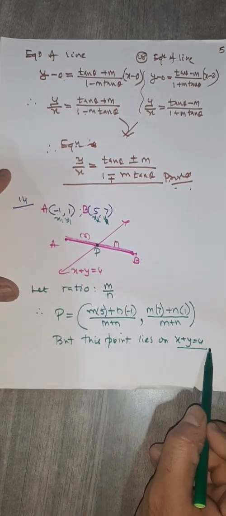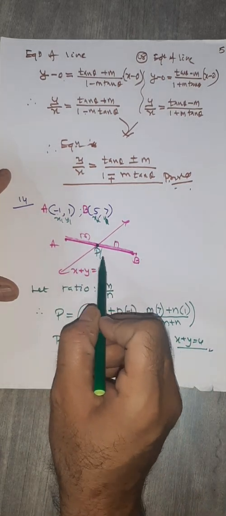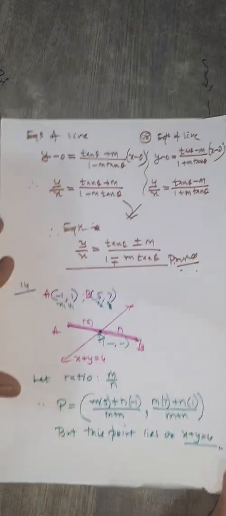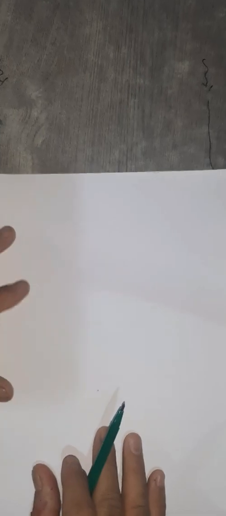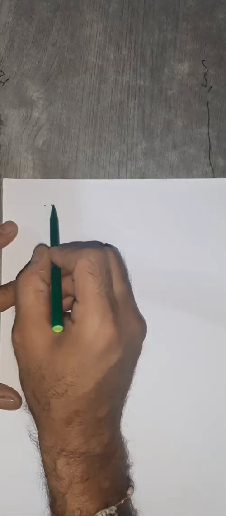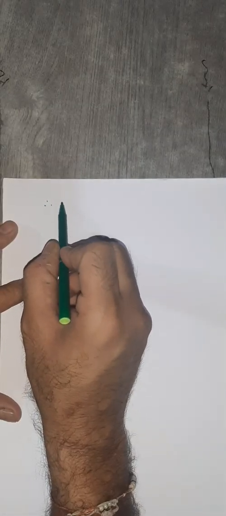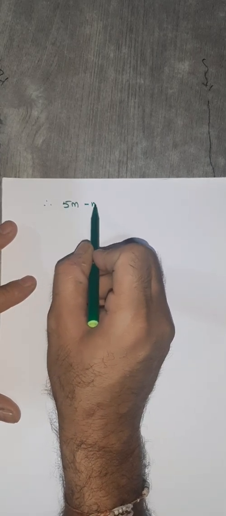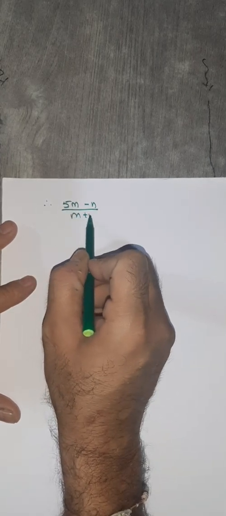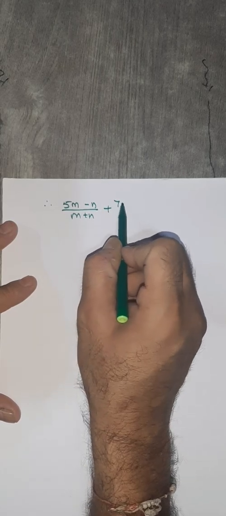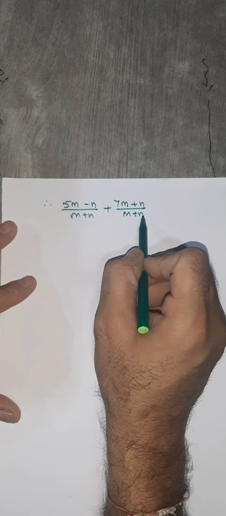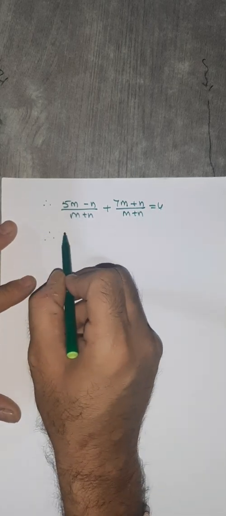But this point is on this line. You can see clearly this point is on the line x plus y equals 4, so it satisfies the equation. Therefore here you will get (5m minus n) upon m plus n plus (7m plus n) upon m plus n equals 4.